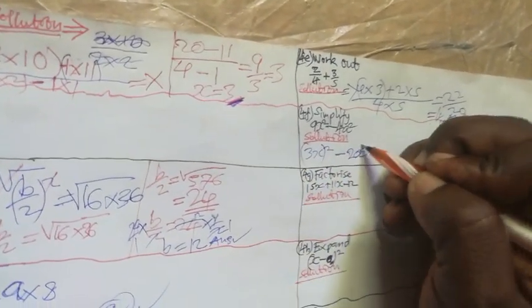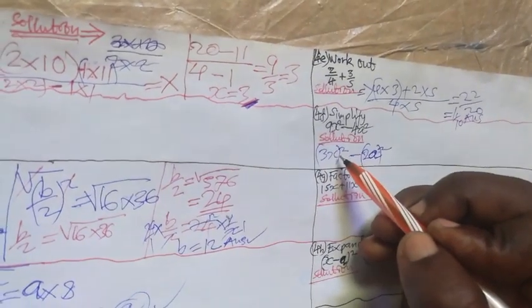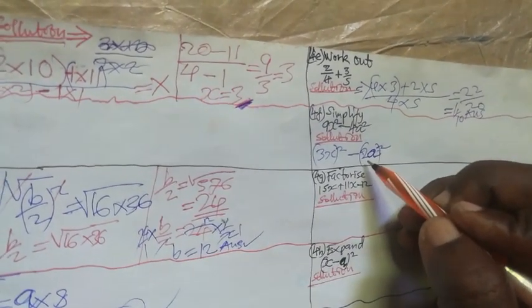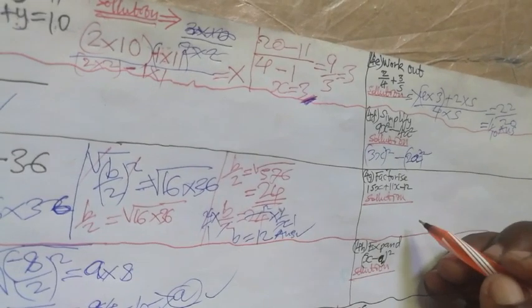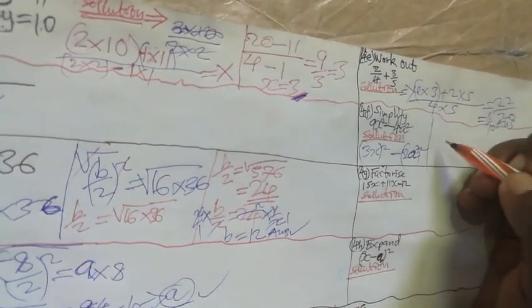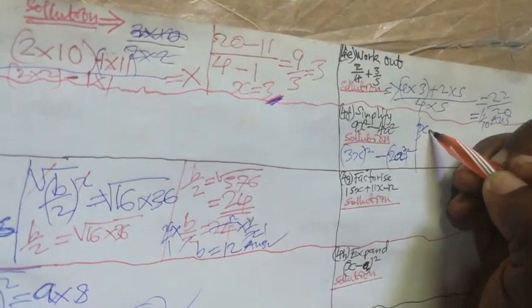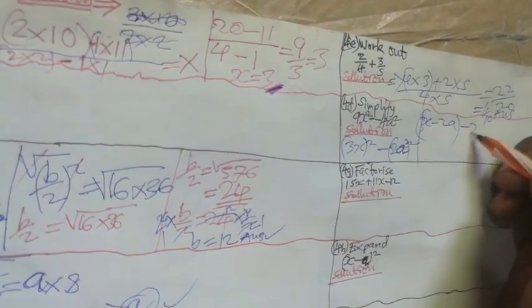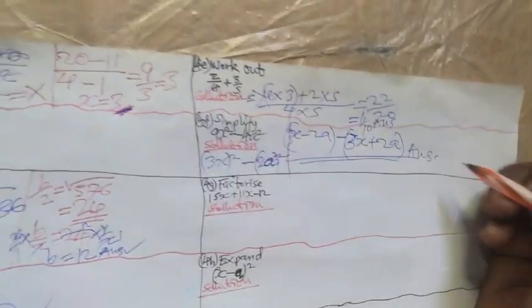Hence, this will give us (3x minus 2a) times (3x plus 2a). This is the required answer.